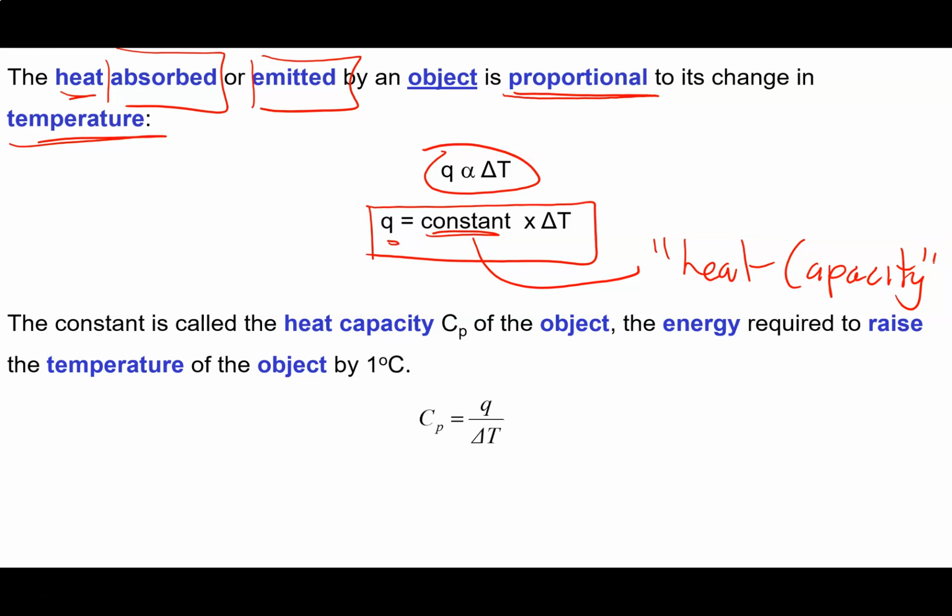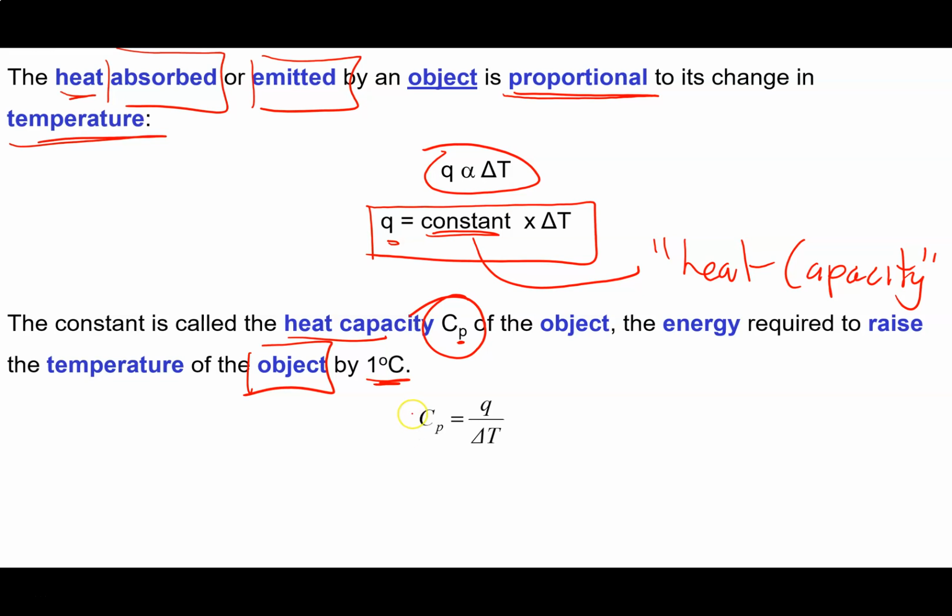This constant is given the name the heat capacity. And what does the heat capacity represent? It represents the energy required to raise the temperature of the object by 1 degree. So in SI units, that's going to be by 1 degree Celsius. So the heat capacity, which we indicate normally with the symbol uppercase C, sometimes with a little subscript P there, but always the uppercase C, of the object, is the energy required to raise the temperature of that whole object by 1 degree Celsius.